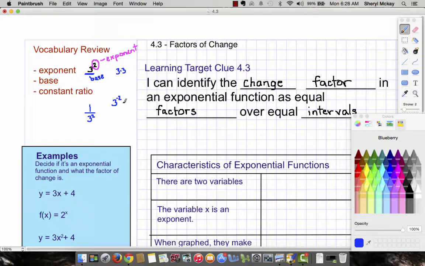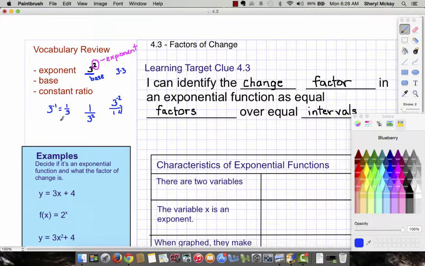And if you remember my little saying, cross the line, change the sign: we move the 3 down below the fraction line, there's a 1 that remains, and the sign of the exponent changes to positive. So negative exponents are really multiplying by fractions. So 3 to the negative 1 is really equal to 1 over 3.